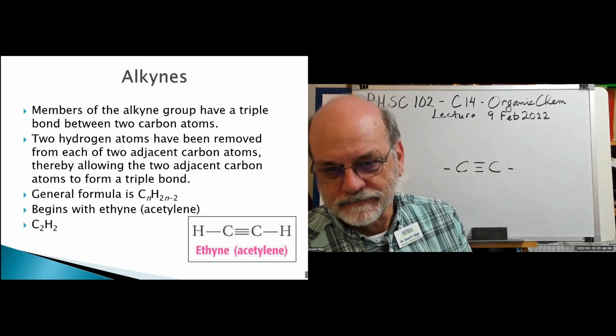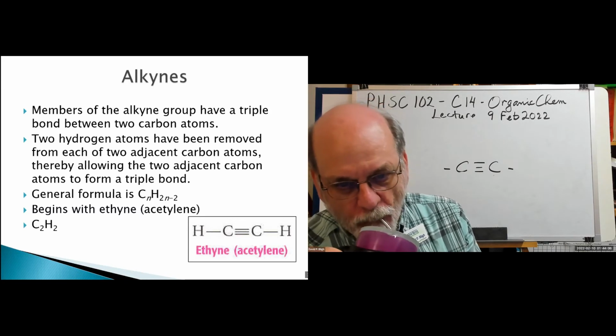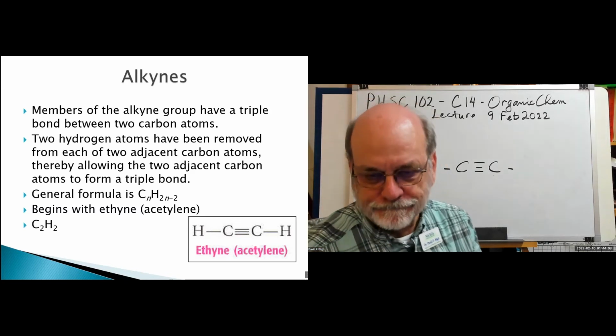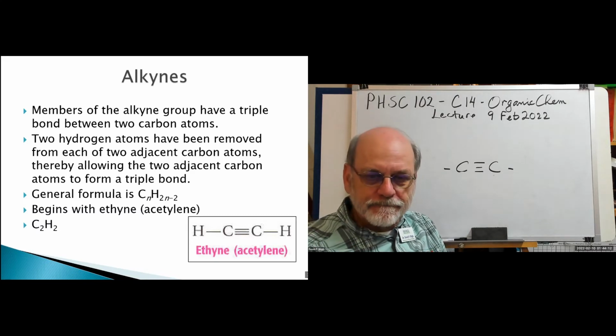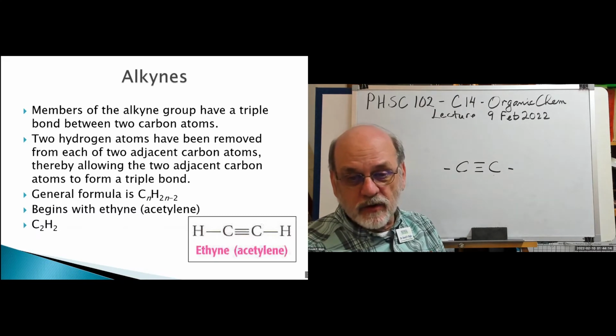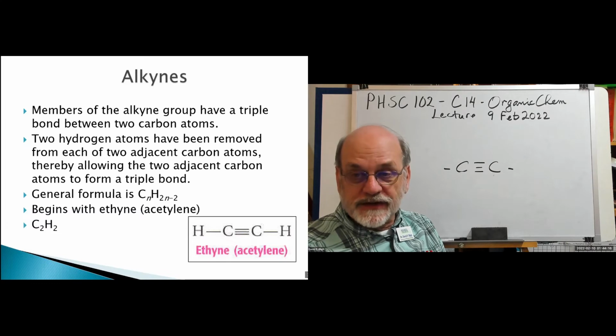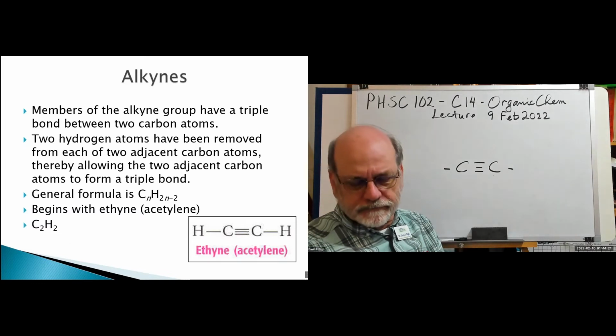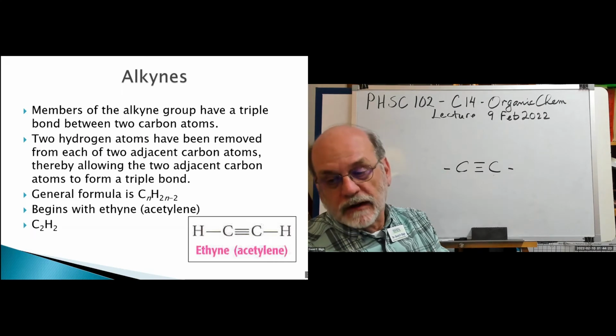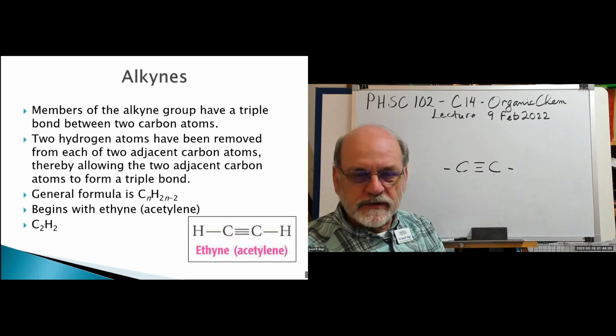Welders use it. And I used to use it in my laboratory. One piece of equipment used acetylene to generate a flame. I won't go into the details, but it has multiple purposes, multiple uses.